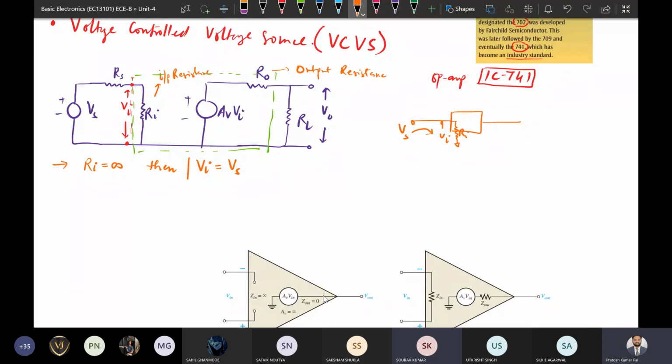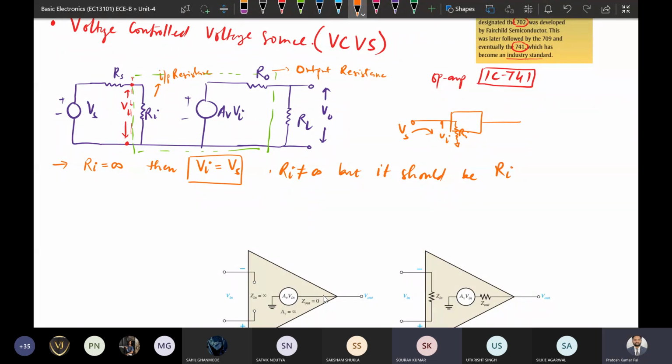This is the ideal case, but in practice R input is not equal to infinity, but it should be very high compared to Rs.